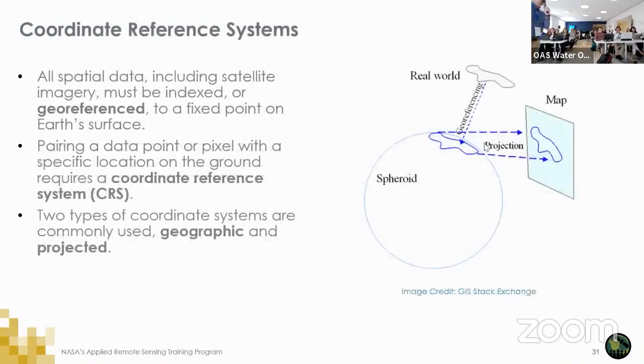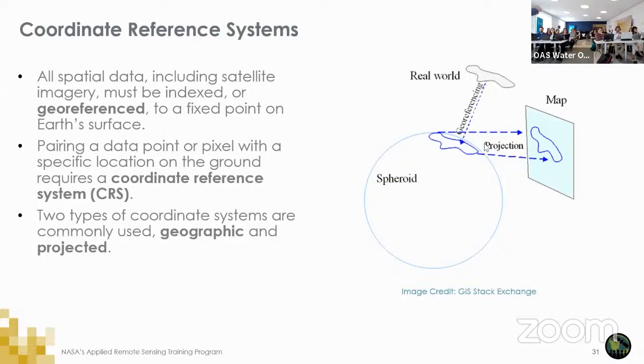And then coordinate reference systems. Reference systems are based off of the spheroid, and all spatial data needs to be georeferenced to a fixed point. Think of when I talked about the levels of processing that folks do before the data is served to you.